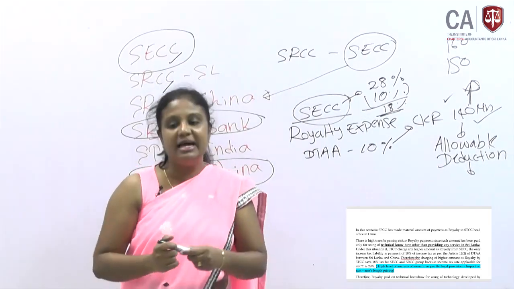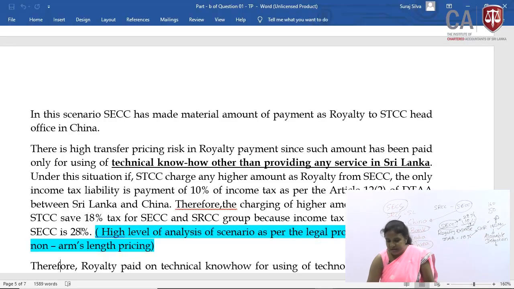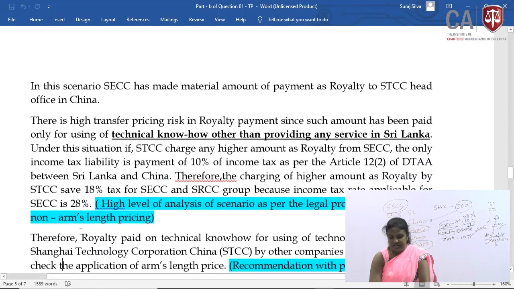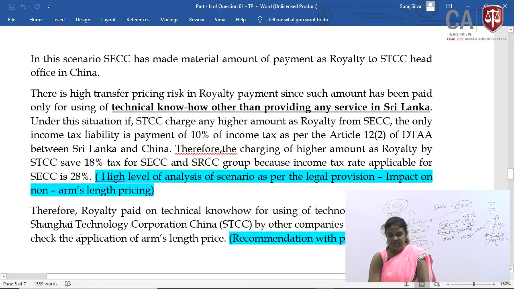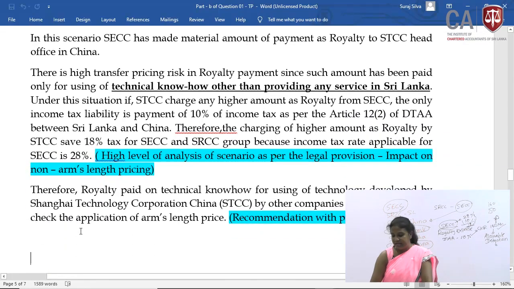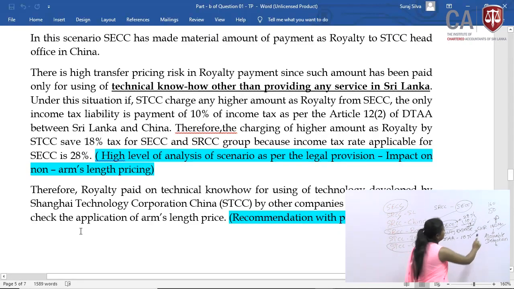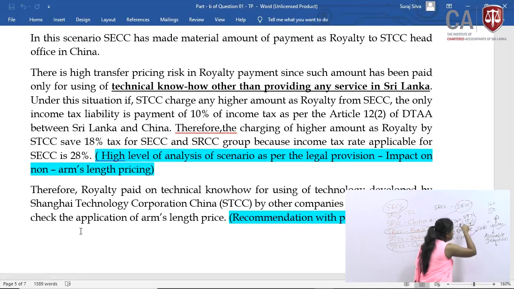I think it's clear. It has well explained the reason behind that answer. High level of analysis of scenario as per the legal provision, impact on non-arm's length price. This is the impact of non-arm's length price. This is 28%. If they have charged higher value, they can only be charged at the 10%.